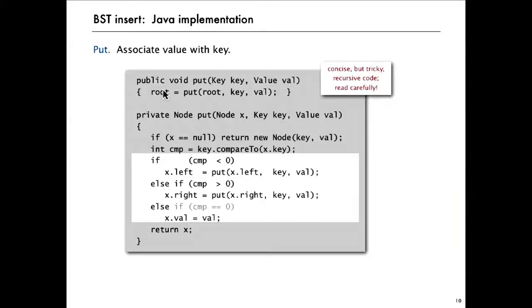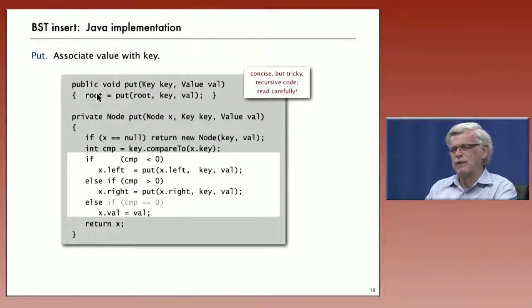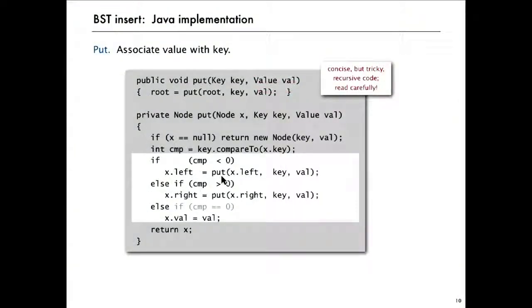And that works again recursively. Say we have one node in the tree and we have a new key to associate. And let's say that key is less than the key at the root. So now we do put, and it's actually a link to that one node that's got two null links. So it's not null, so we'll compare our key against the key in that node. If that comparison comes out left, here's how we do the insert.